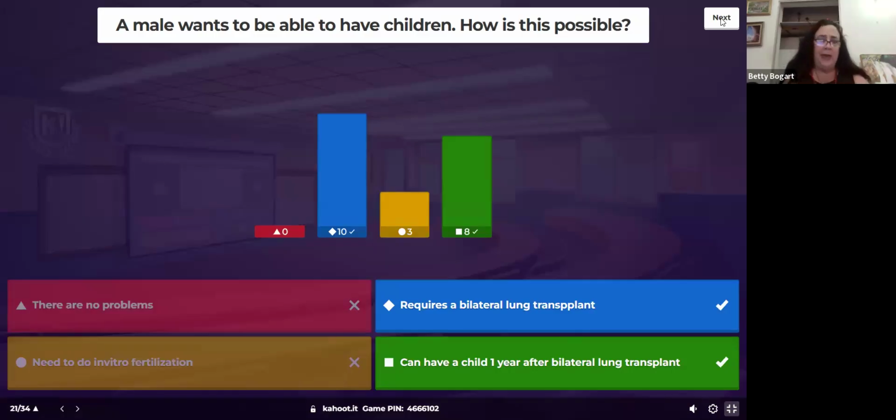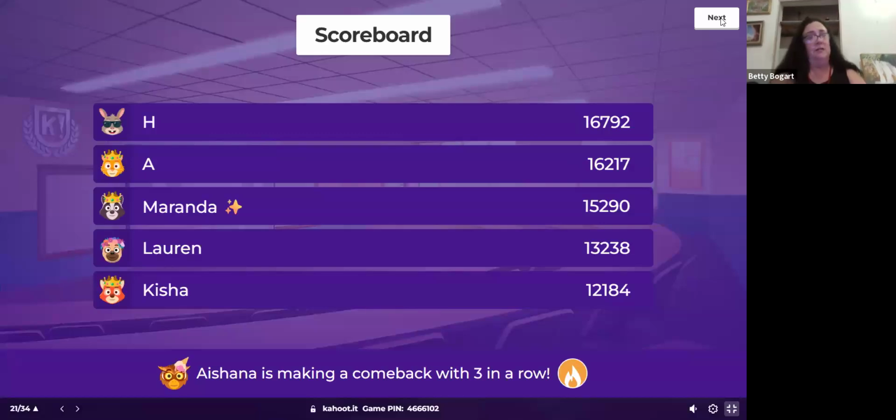So you have a male who has cystic fibrosis. What we can do is a bilateral lung transplant. And it takes about a year afterward. And then they say that they can father a child. It's a big commitment for a male to be able to have a baby, to do a double bilateral lung transplant. It's big, big surgery.